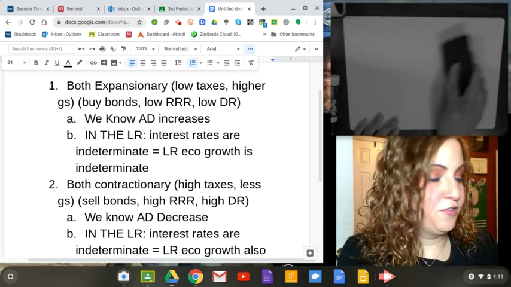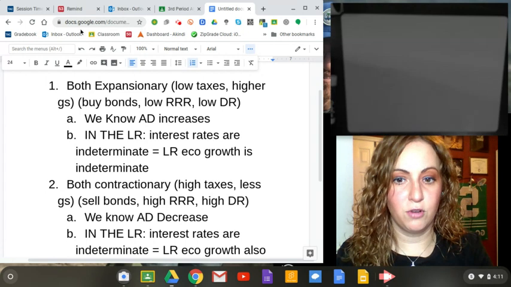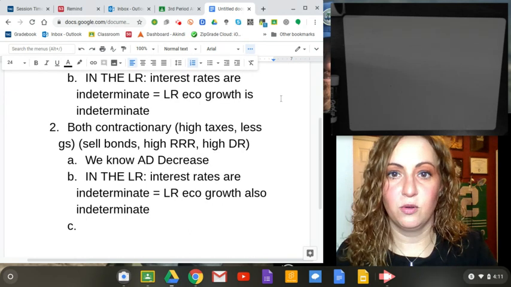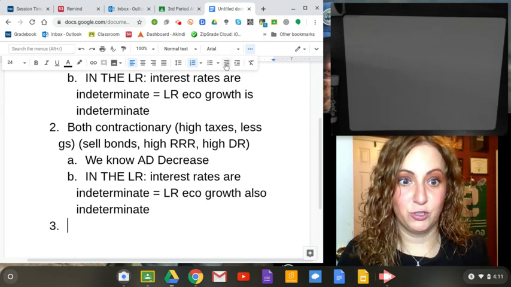Well, what about if the policies don't go together? What if one's expansionary while the other one's contractionary? So let's talk about this. This is where it kind of gets a little tricky.